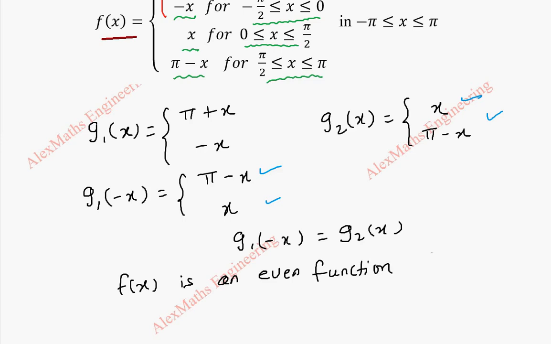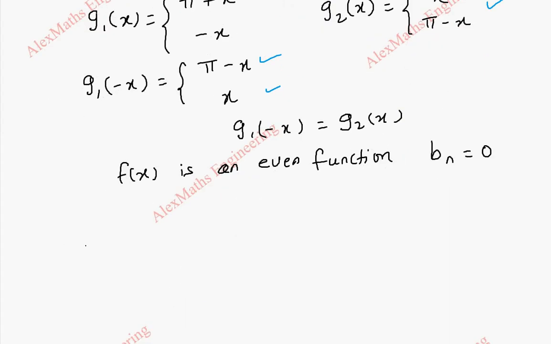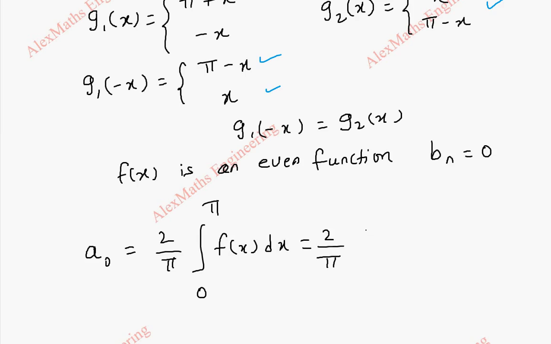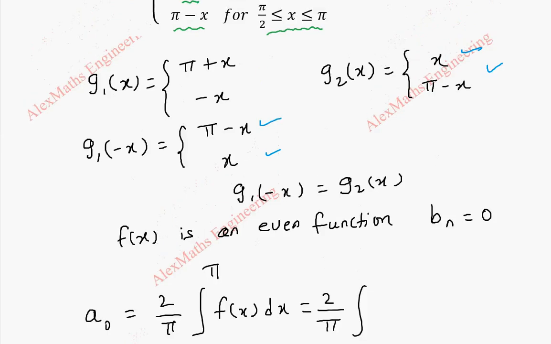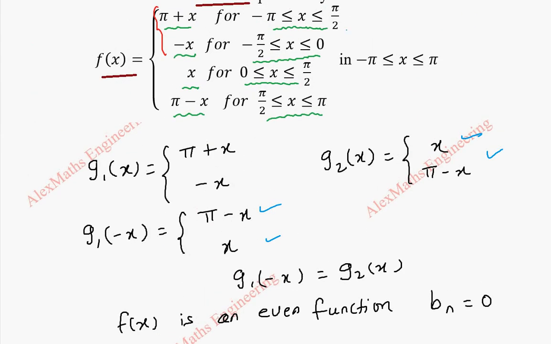It means bn becomes 0, and we have to find a0 and an alone. So let's find a0. The formula is 2 by pi integral 0 to pi f of x dx. And again this is 2 by pi integral 0 to pi. We have two parts here: one is from 0 to pi by 2 and the other from pi by 2 to pi.